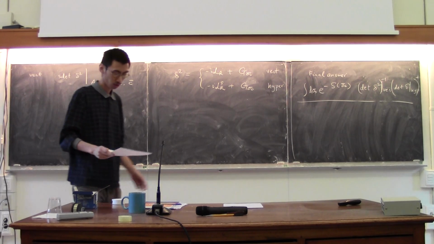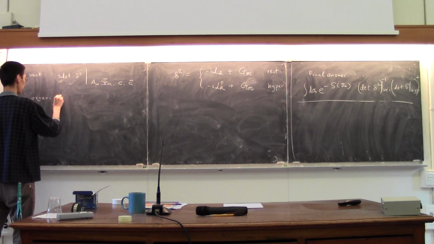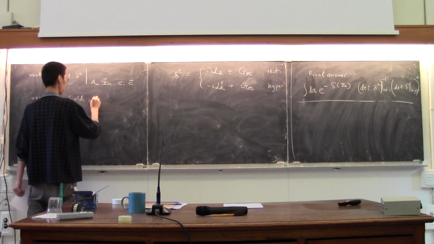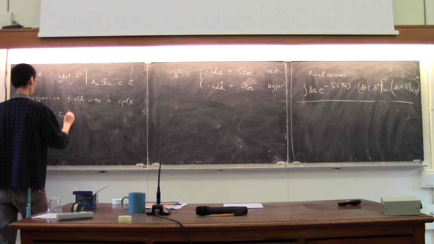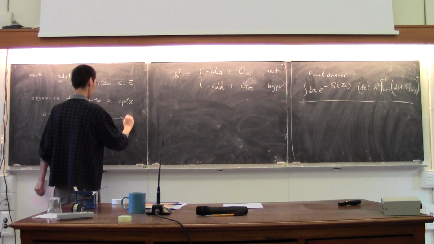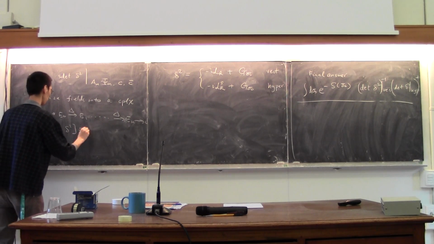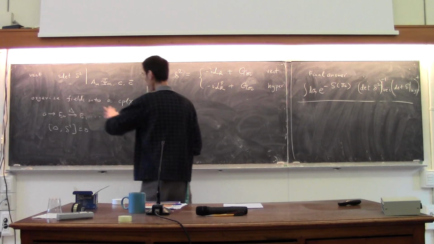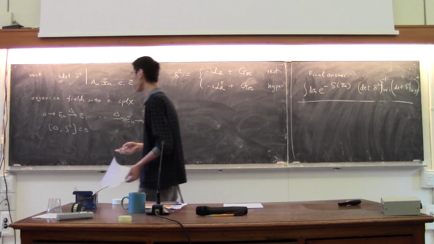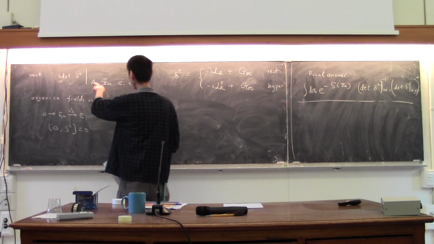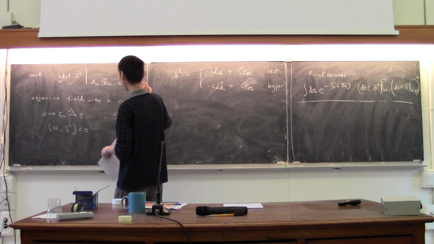So let me just say in words what the general strategy is. You organize all the fields into a complex, equipped with a differential such that delta commutes. So when you put your fields into a complex like this, with a differential that commutes with the operator for which you are computing the determinant, the even degree elements correspond to the even fields, and the odd degree elements correspond to the odd fields.